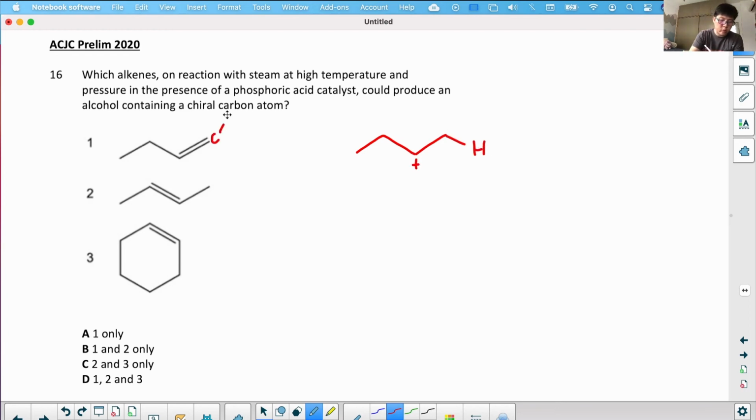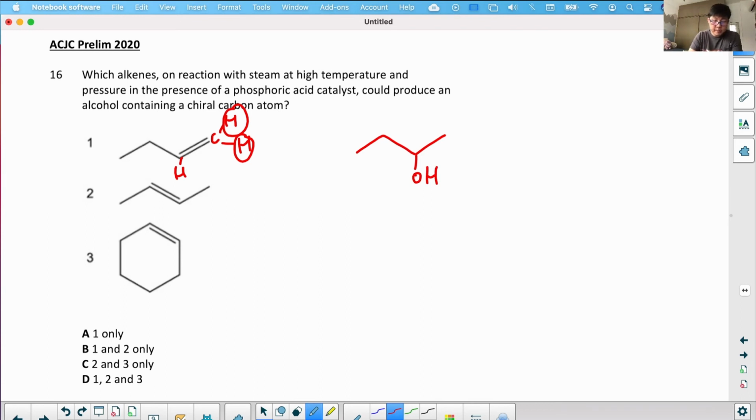In fact, Markovnikov's rule will show that this carbon has 2 H's and this carbon only has 1. So H goes to the carbon with more H's. So I'll put the H over here, and the OH goes to the other. Now the OH will go to this carbon. Right, so let me just draw it out nicely. So I'm going to just put in the OH. Okay, so this is the alcohol.